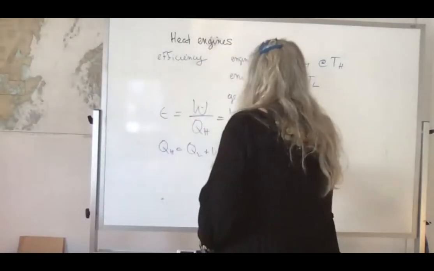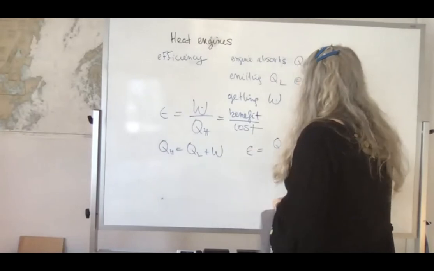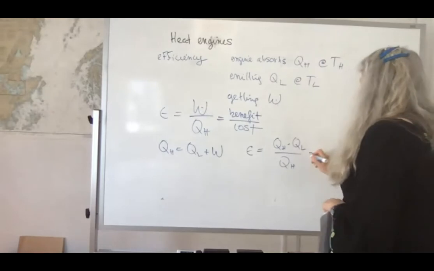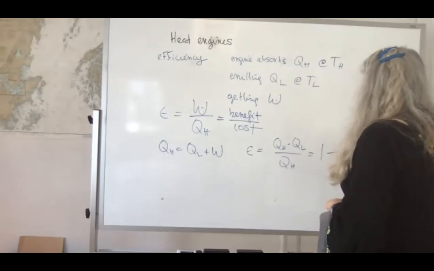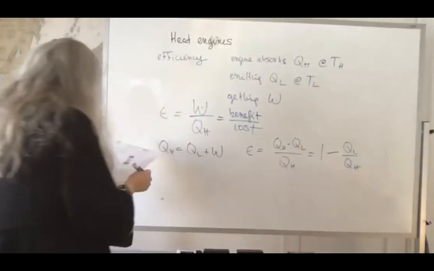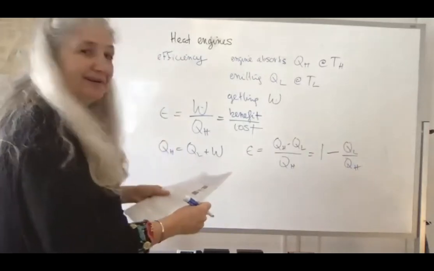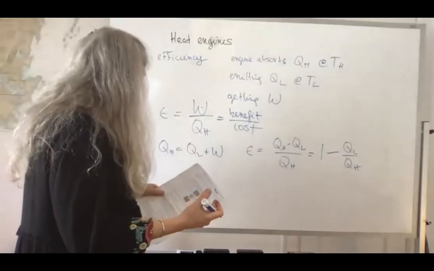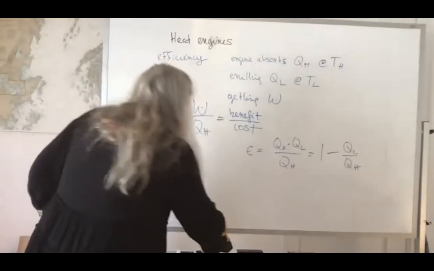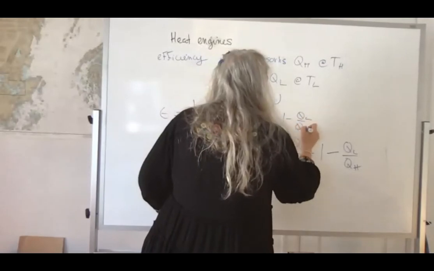That means epsilon is equal to QH minus QL over QH, which you can write as 1 minus QL over QH. Okay, so now this is where we get into an entropy argument. So let's write this up here: 1 minus QL over QH.